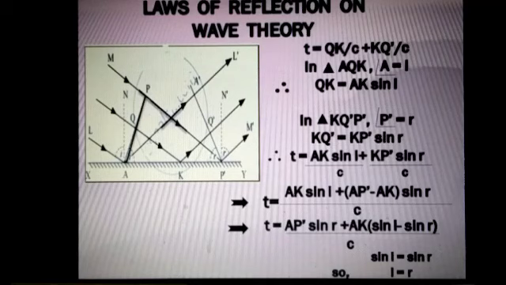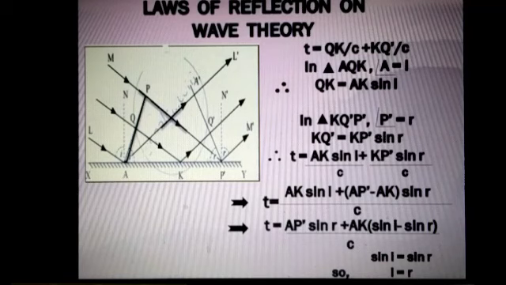If c is the velocity of light, then the time taken by light to go from Q to Q' is given by the first expression of time. Now, in right-angled triangle AQK, angle A is equal to the angle of incidence, so QK is equal to AK sin i.